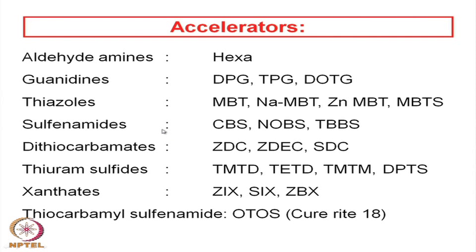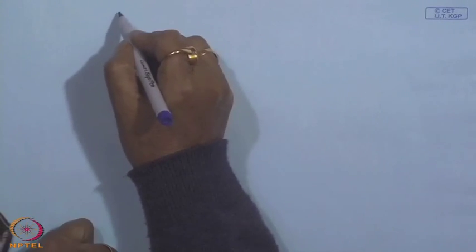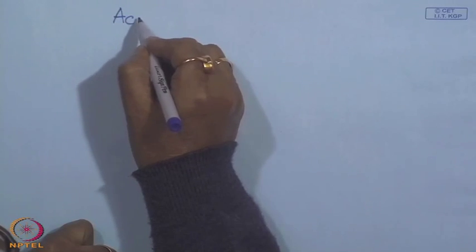Some are very fast accelerators, some are slow, some are medium fast. Now, to tell about the accelerators once again a little bit, we must know about the accelerator characteristics.